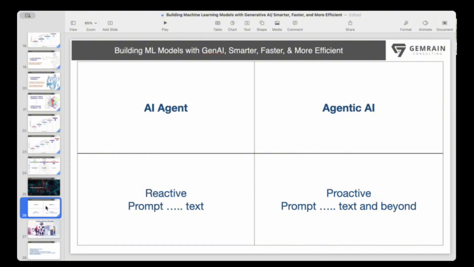A simple AI agent is any software or service which is 100% based on artificial intelligence. Agentic AI provides you the service and whatever is beyond the service that is related to what you are looking for. So this is, in simple terms, what AI agent and agentic AI are.